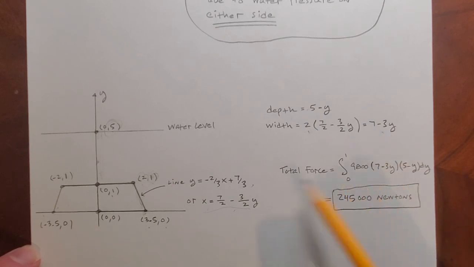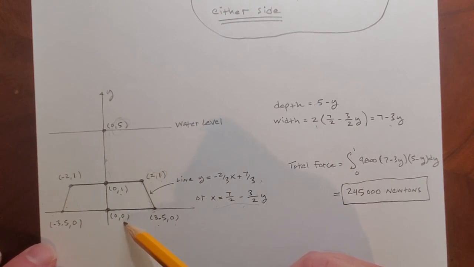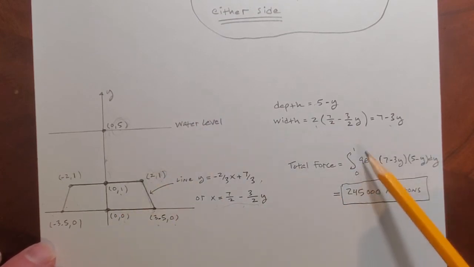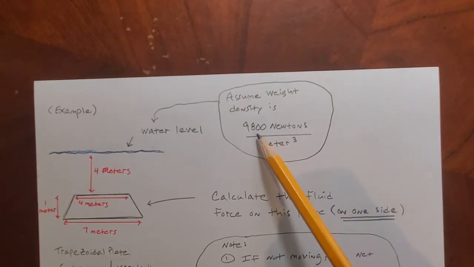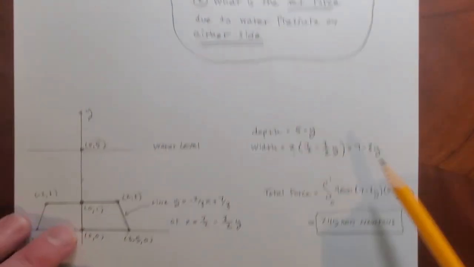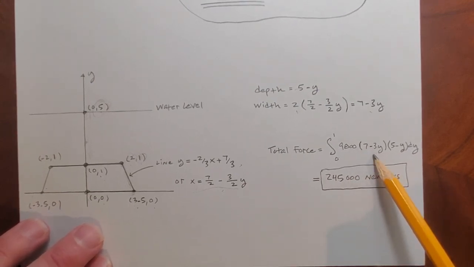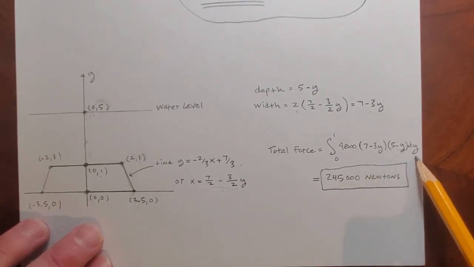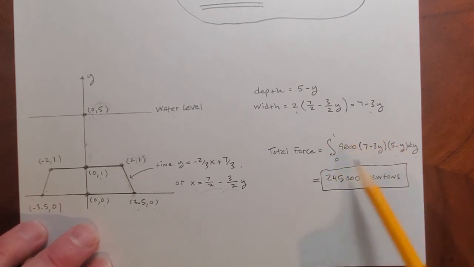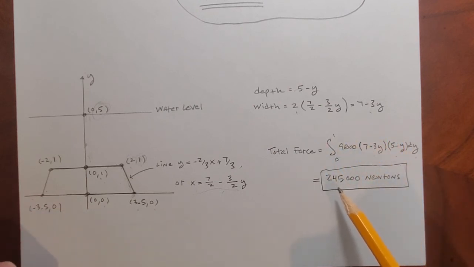So our integral, as I've imposed it, this object spans the y-axis from y is 0 to y is 1. There are the bounds on our integral. The weight density, well, that was given to be 9,800 newtons per cubic meter. All right, 9,800 times the width, the depth, dy, and if you solve the integral, 245,000 newtons, okay?